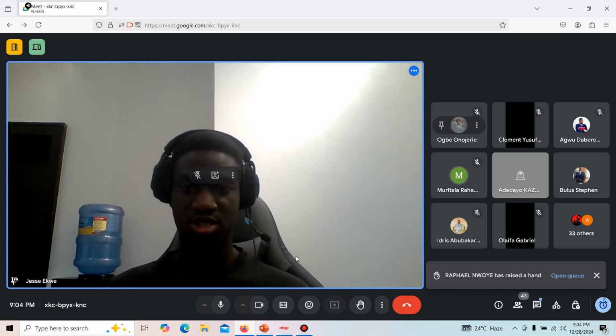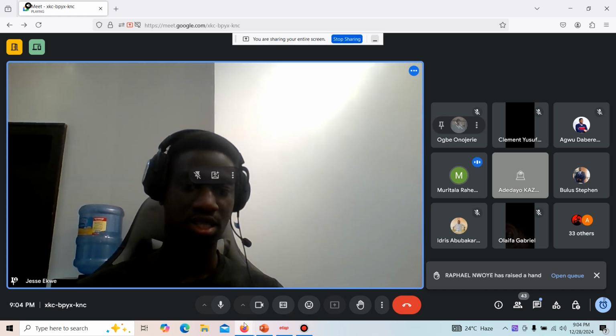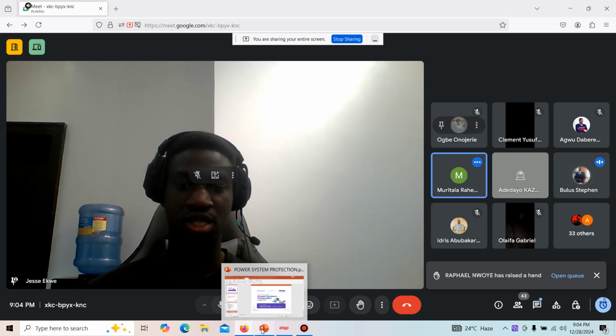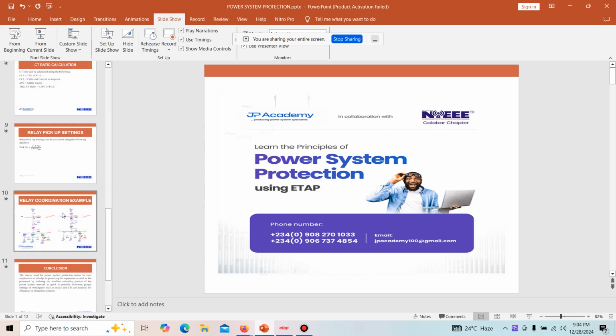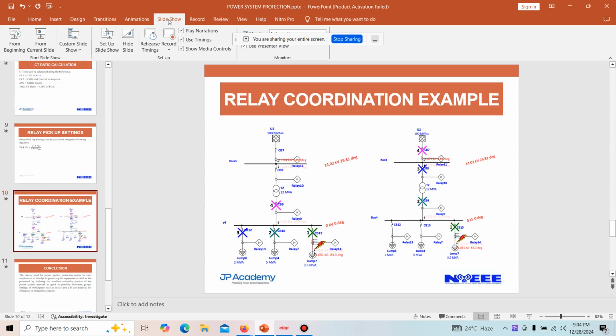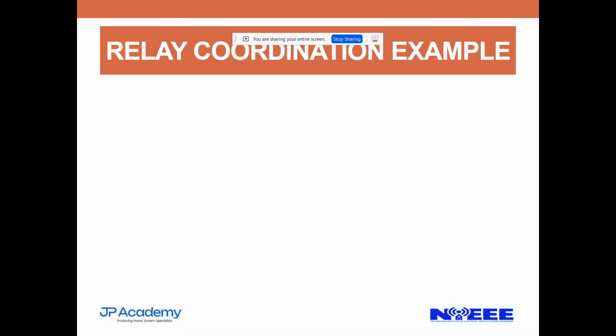Correct. So we are saying that there is an increase. Overcurrent protection is protecting against an increment of nominal current.